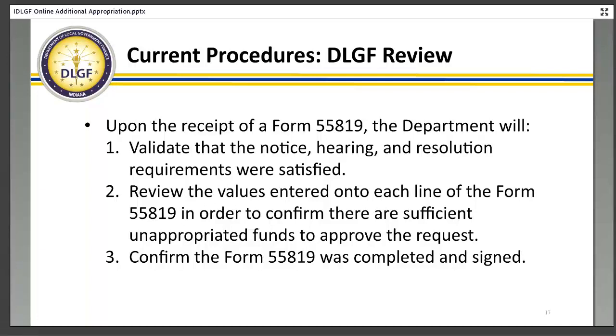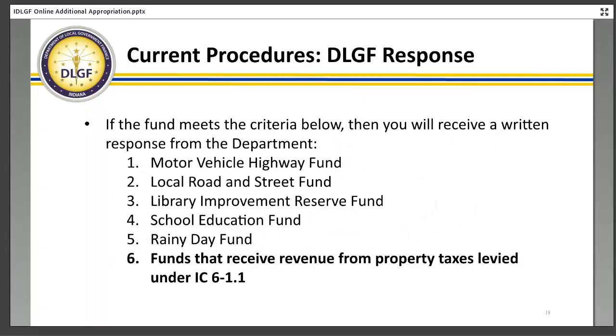If we find that the notice, hearing, or the resolution requirements weren't satisfied, then we would ultimately end up denying the additional appropriation and returning it to the unit. Step 2 is we're going to work our way through the certified copy in order to confirm that there are sufficient revenues to support the additional appropriation request. The third one that we're going to do is make sure that the form was completed and signed when it was sent in.